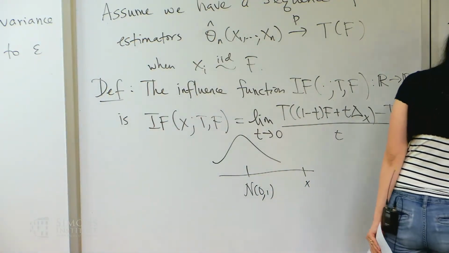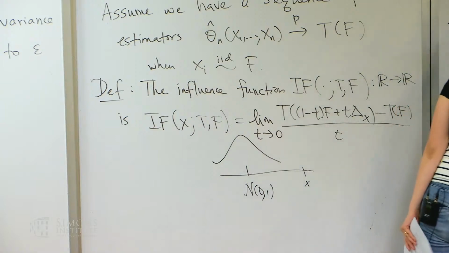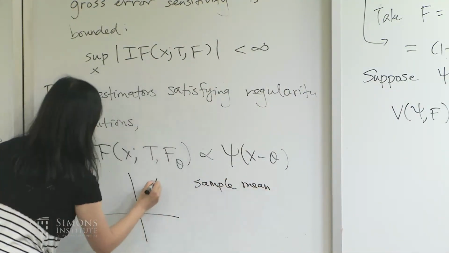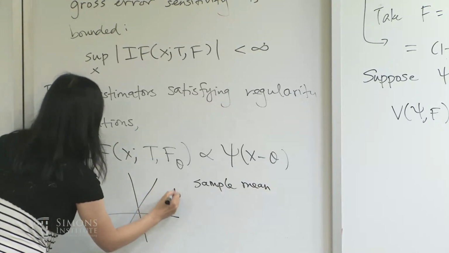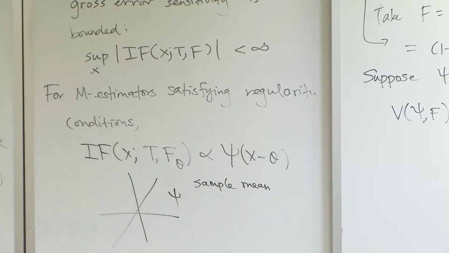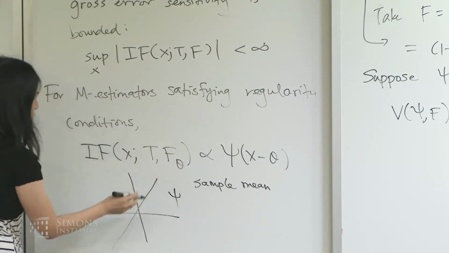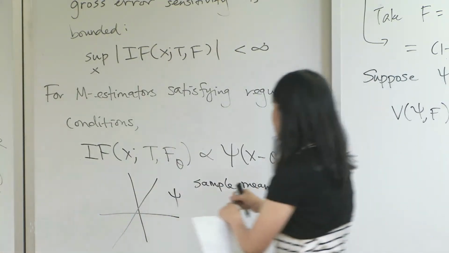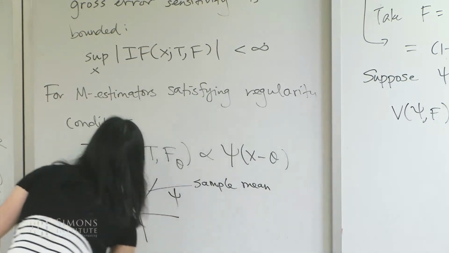So in particular, if you remember the sample mean, psi is just linear because it's the derivative of the quadratic. If it's a Huber loss, then it's going to be truncated like that.